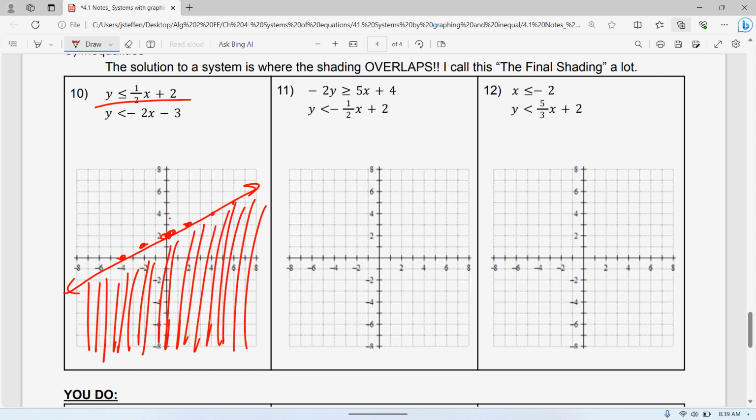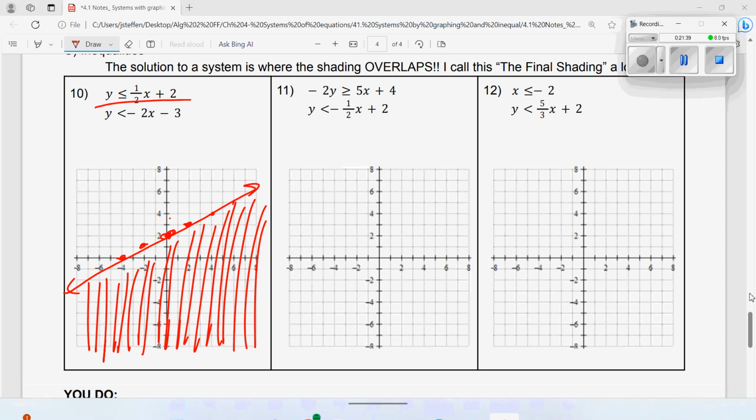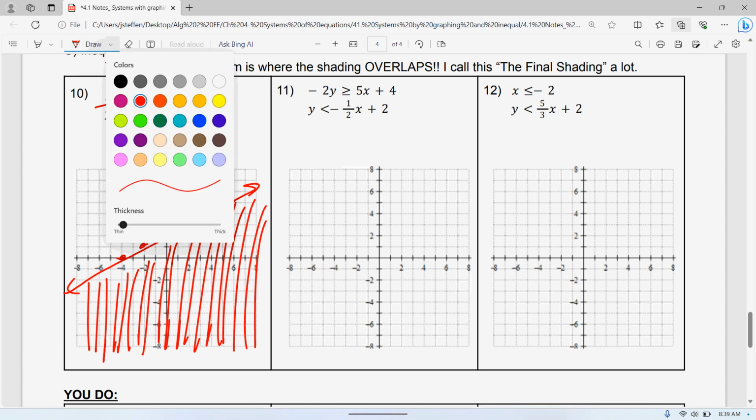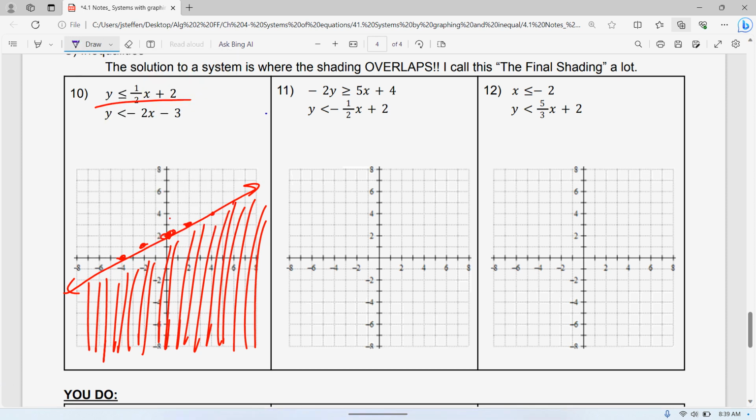I think this one should be a little bit easier. So moving on to the next. The y-intercept is negative 3. I go down 2 over 1 to the right, which means up 2 over 1 to the left, up 2 over 1 to the left. This is a dotted line, and we shade below. So this one I shade here.